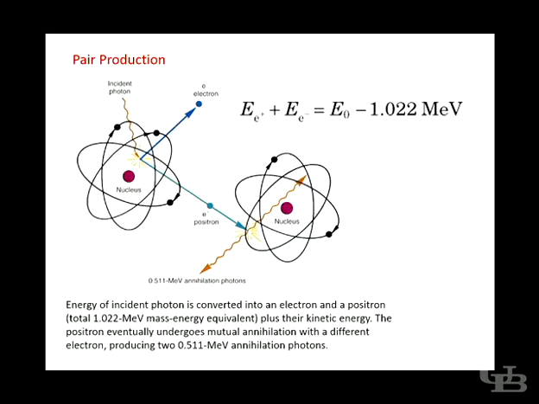And each interaction will consume some energy. And at the end of its energy level, it will meet an electron, and there will be a positron-electron annihilation. So it goes the other way. Positron-electron annihilation converts mass to energy.